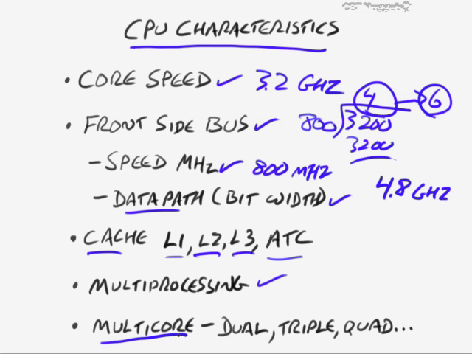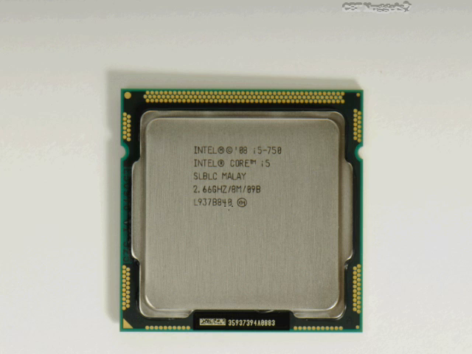The reason for that is because if we take a look at something like this, this is the CPU that I'm actually recording on right now. The sound of my voice as I record is traveling through this CPU somehow and being broken up into zeros and ones and spit out the other side, and then it's being sent to the hard drive. Anyway, this CPU right here is a quad core, so it's got 4 cores on it.